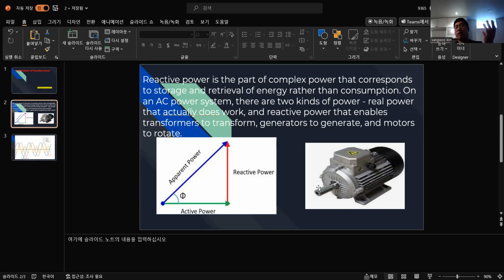So this actual rotating is related to active power. But making the magnet inside the motor or rotor needs reactive power. So our load needs both active power and reactive power. So yeah, let's see more later. Today's lecture is done, guys. Thanks.